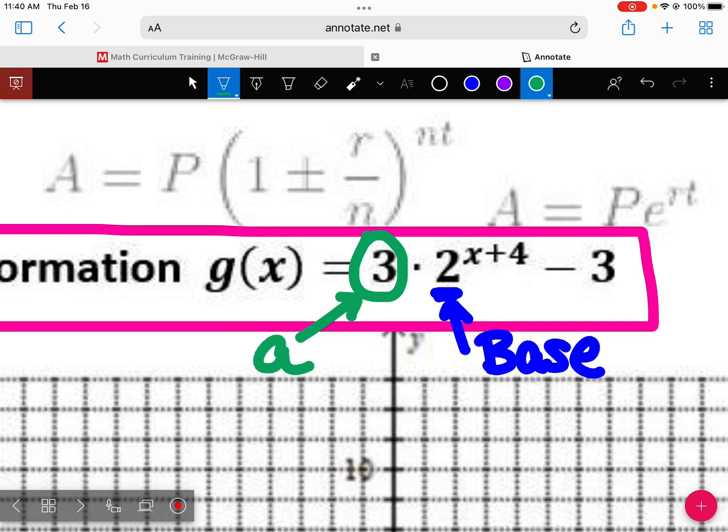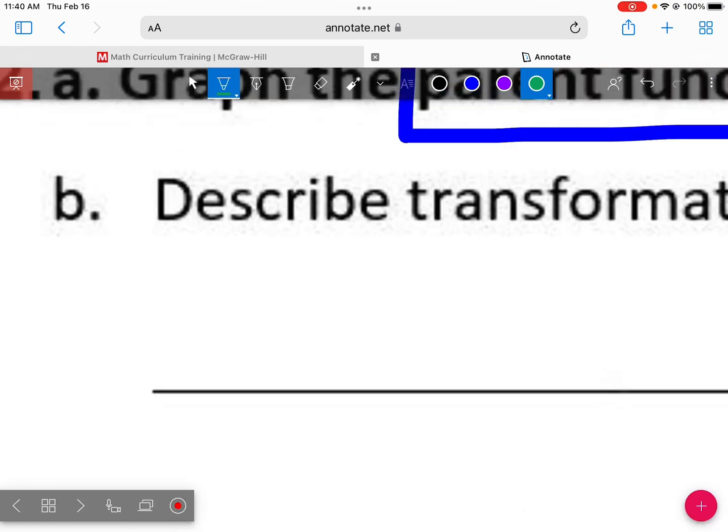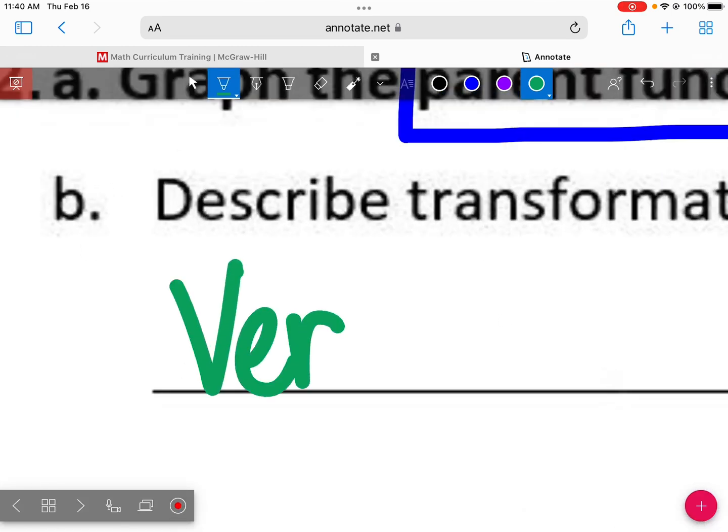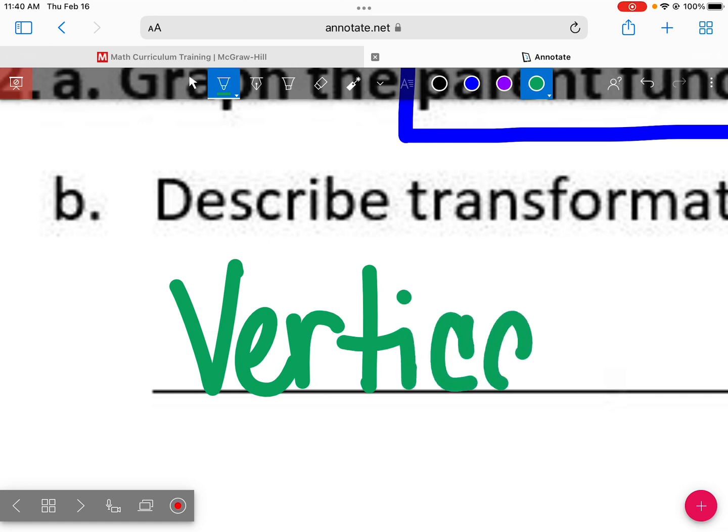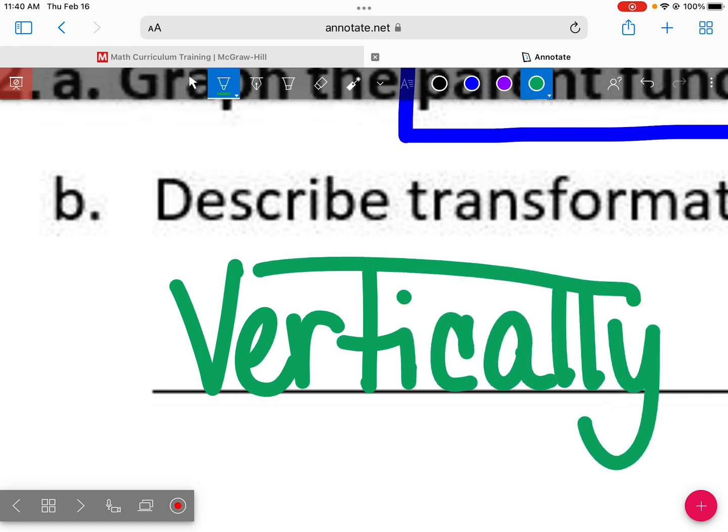What does this little dot mean? Multiplication. If you multiply something by 3, does it get bigger, smaller, or stay the same? Bigger. So this is going to be a vertical stretch. So vertically stretched.